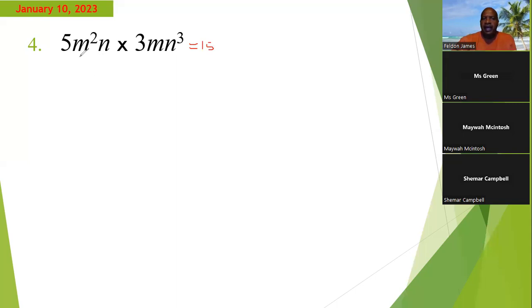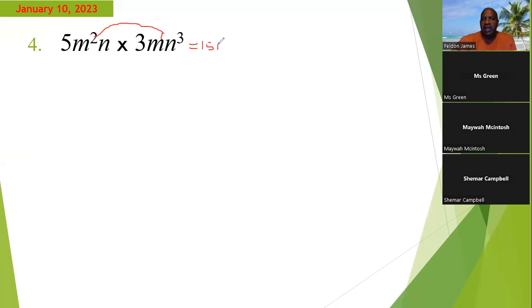Right, so we're really not adding the m's. What we're adding is the powers. Okay. So this is m to the power 2, m to the power 1. If we add their powers, we get the result of the product of those two m's. Right? So m to the power square times m to the power 1. To get their product, you simply add their powers.